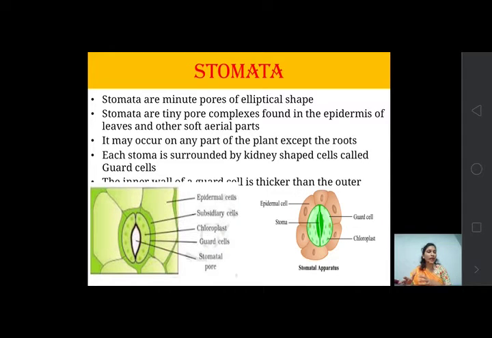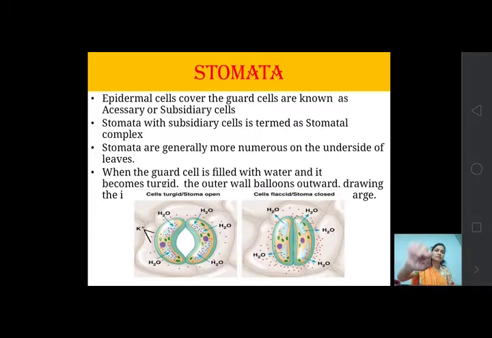So in dicotyledons the stomata remain scattered, whereas in monocotyledons the stomata are arranged in parallel rows. Now, the epidermal cells that cover the guard cells are known as accessory or subsidiary cells, as we can see in the picture.